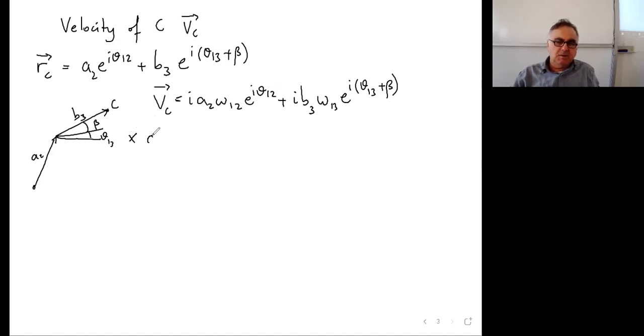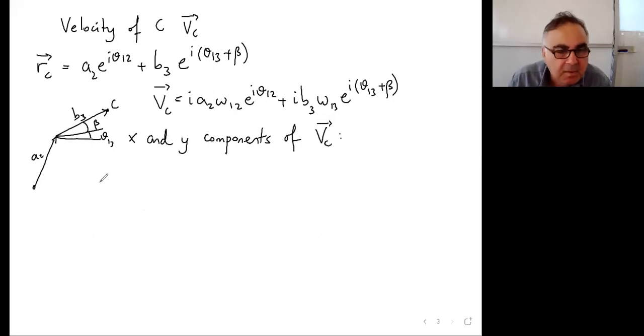So if you want x and y components of VC, you just have to write e to the I theta 1, 2 in terms of the expansion of cosine and sine, and open it up.